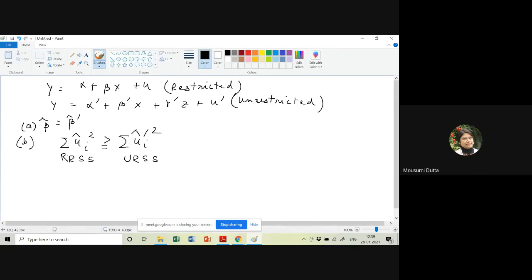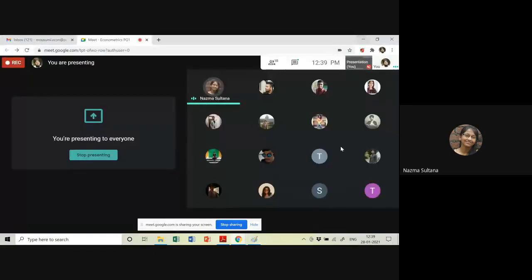So can we have a situation when RRSS is greater than or equal to URSS? Yes, ma'am. Please give us some clue why you are saying yes. Because the first equation will have fewer explanatory variables and greater residual. And the second one will have more explanatory variables and lesser residual.